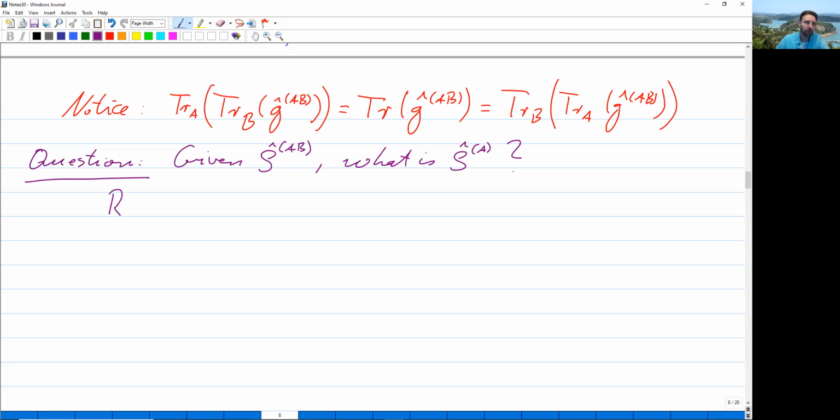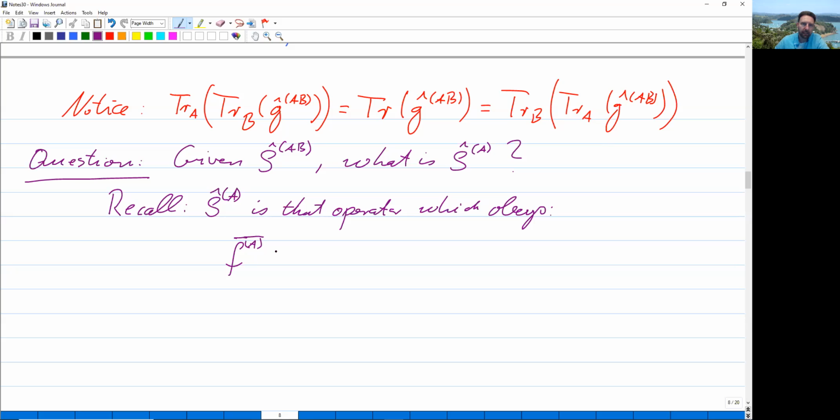Well, we start with the following observation. Recall, rho hat A is that operator which obeys that the expectation value of an observable in system A is equal to the trace of system A. It's kind of redundant to write it, but just for clarity, let me put it there.